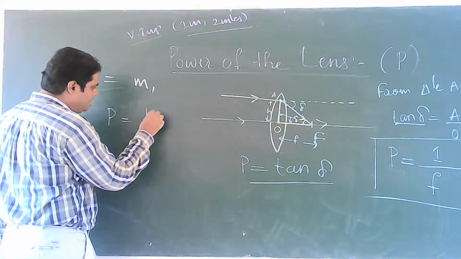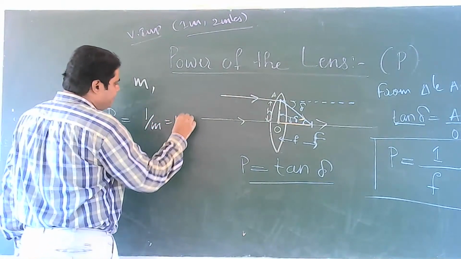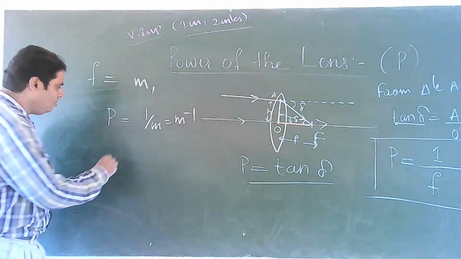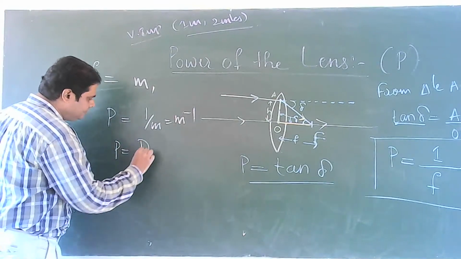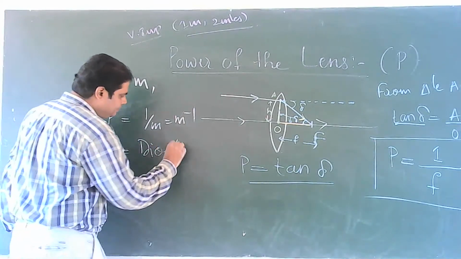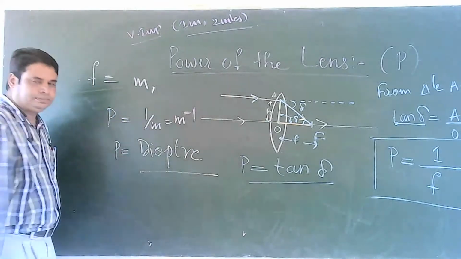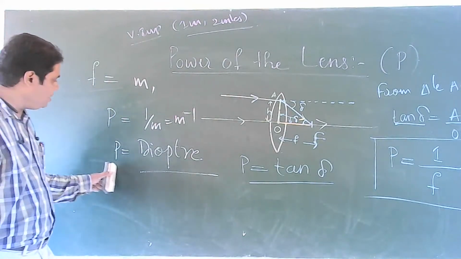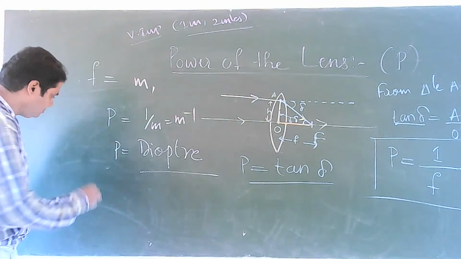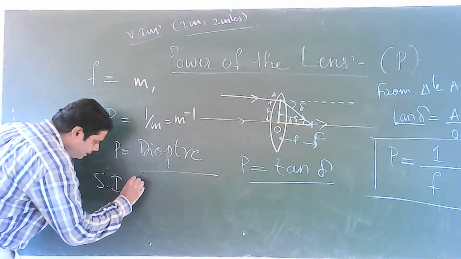Now, P is equal to 1 by f, in 1 by m, or m raised to minus 1, or P is equal to diopter. Diopter is a unit of what? The SI unit of power.